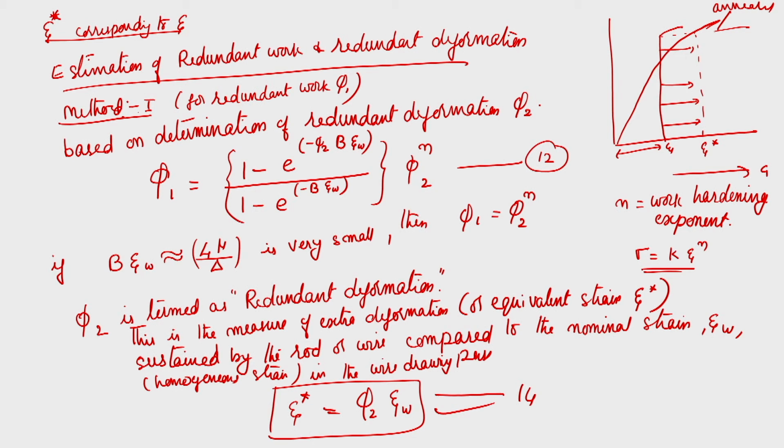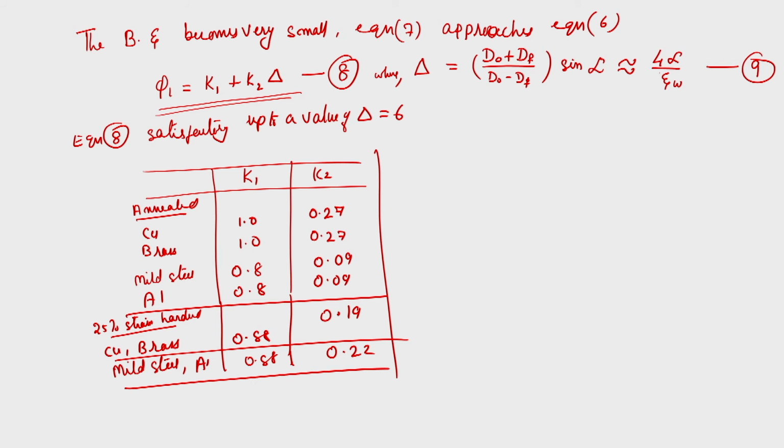So, this phi 2 can be related with your deformation zone geometry as C1 plus C2 into delta. This is also a linear equation, similar to the phi 1 you are getting, where phi is defined by the equation we mentioned earlier, d f minus d naught, d naught minus d f, that relationship, equation number 9.